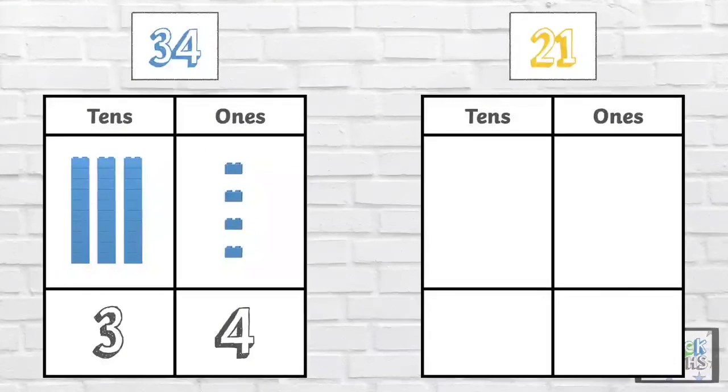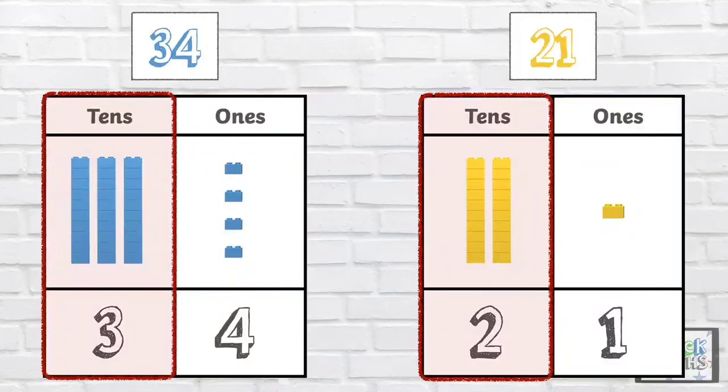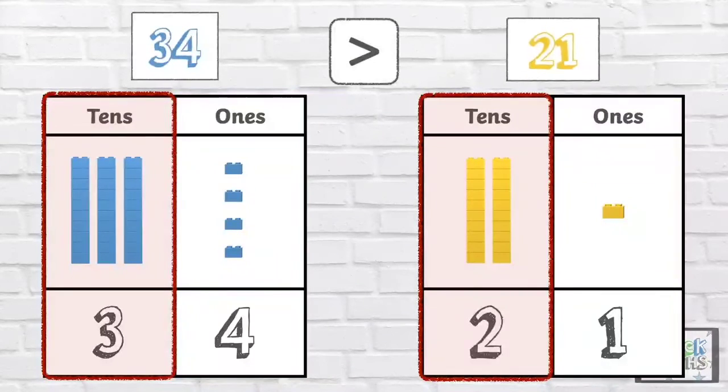The number 21 has 2 tens and 1 one. 10, 20, 21. When we compare numbers, we look at the tens digits first. 3 tens is greater than 2 tens, so 34 is greater than 21.